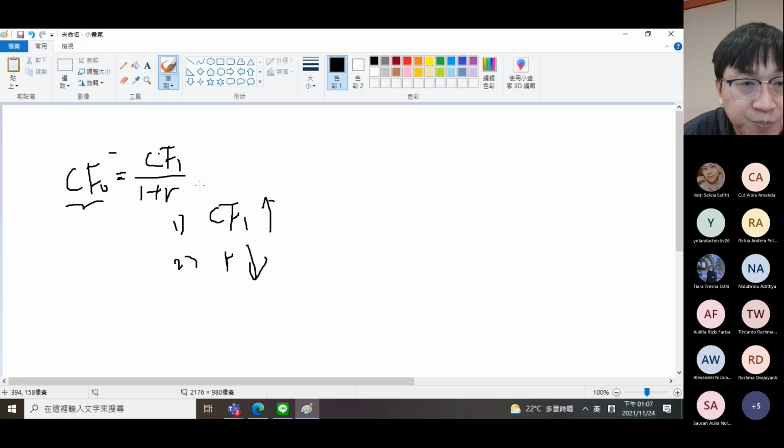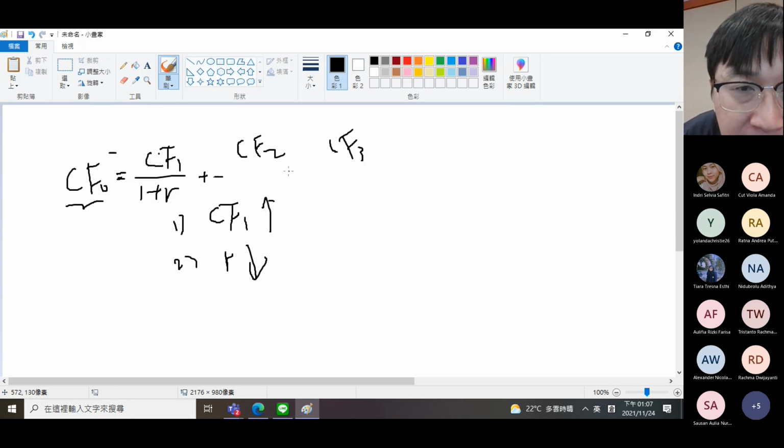Or give more cash flow in the future, CF2, CF3.